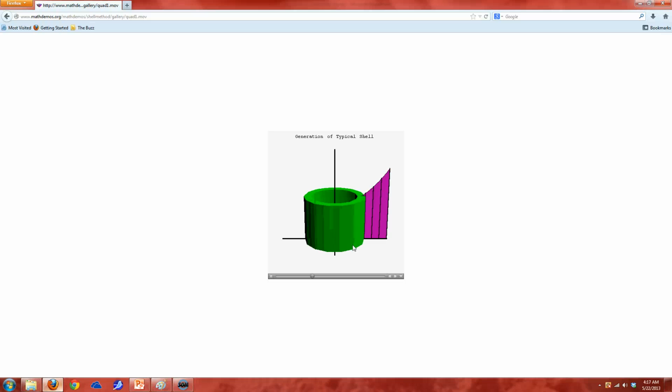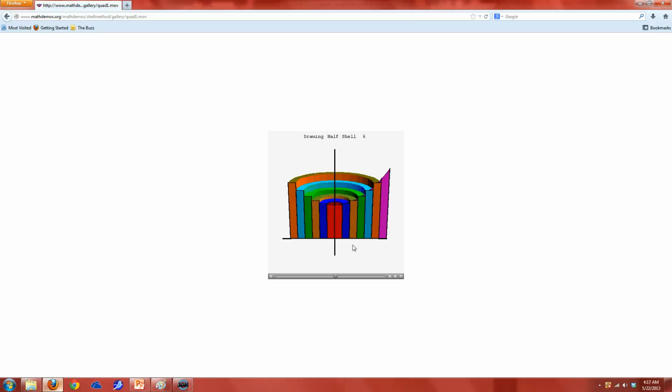Well, why do we say nested shells? It's going to be because they're going to be one inside the other. When you rotate these, here's the half views of the rotation. They're going to continue to go around, just let the animation go. And so there are these nested shells, one inside of the other, like the Russian doll.